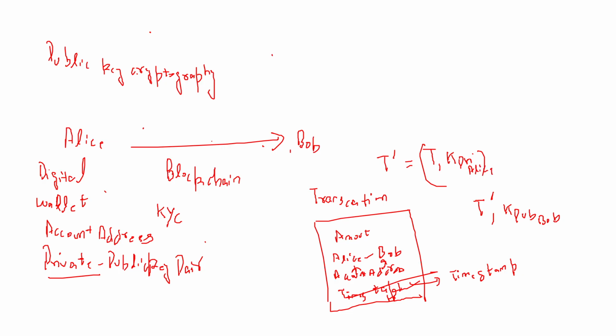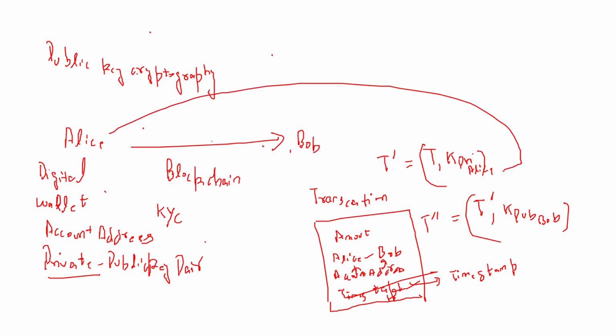Now why is it done? Let us say we get T double dash. What Alice is doing is, Alice has decided to send some money to Bob. Alice signs a transaction with her own private key, and the resulting encrypted transaction value is T dash. Then Alice encrypts this T dash with the public key of Bob.